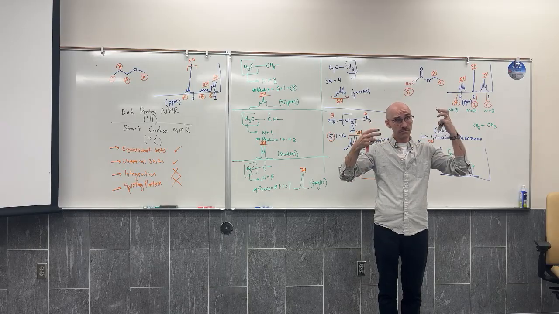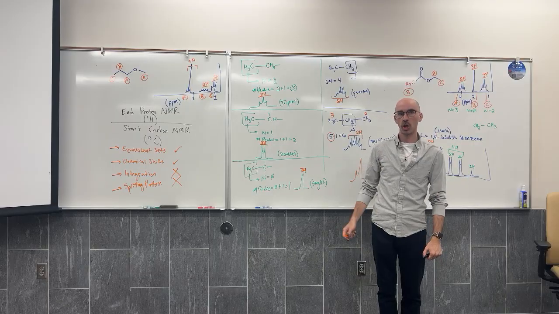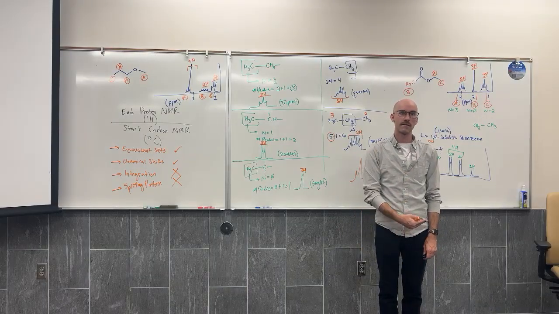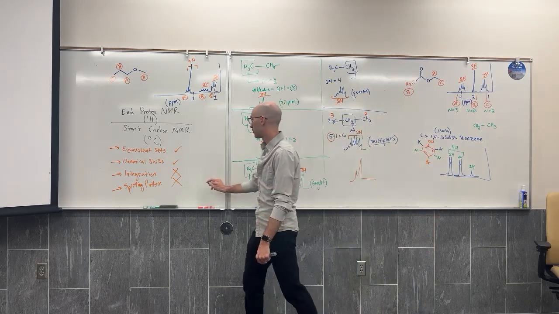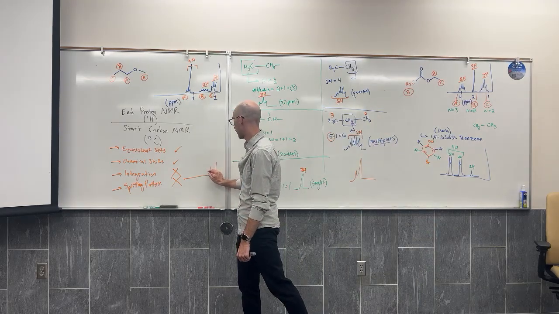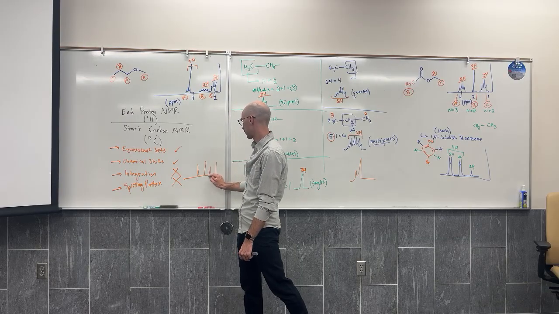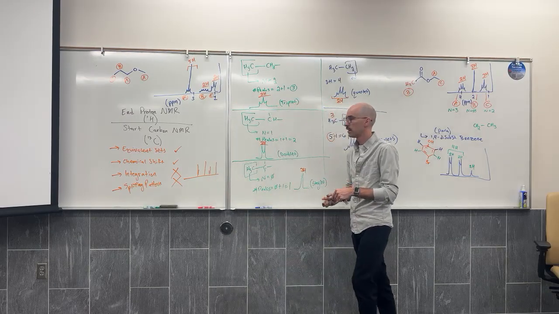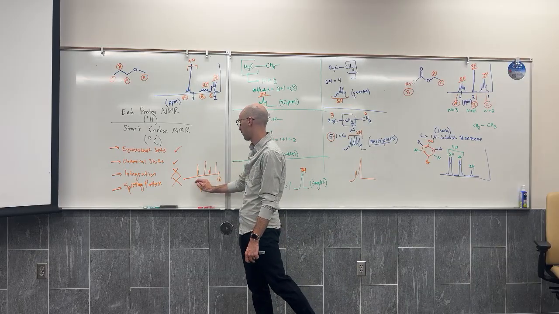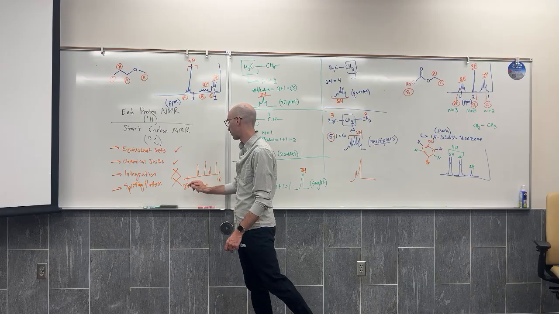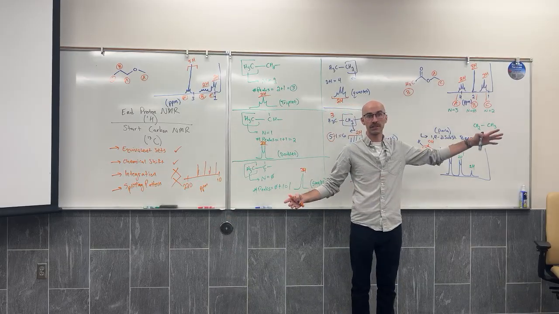Hydrogen nuclei communicate about their spin states and the combinations of their spin states. Carbon nuclei do not, so there is no splitting pattern. Carbon NMR is just a series of straight lines. Their chemical shift is much broader, by the way. It goes from about 10 ppm to about 220 ppm. Very high frequency range.